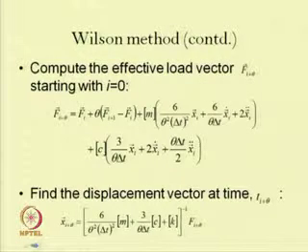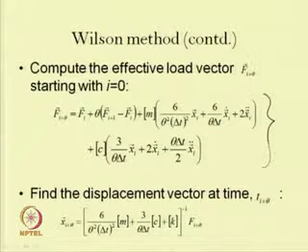So, f I plus theta can be obtained using this expression. Then as we are assuming acceleration to be linear between two points, we can find x I plus theta instead of finding x I plus 1 as in the case of the Runge-Kutta method. Here we are finding after theta.